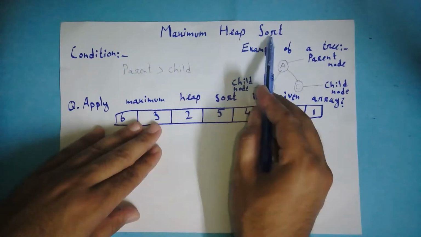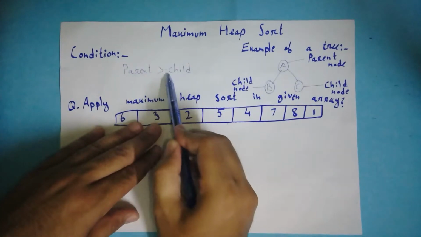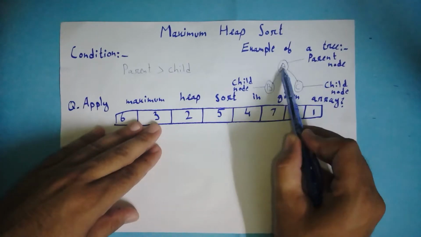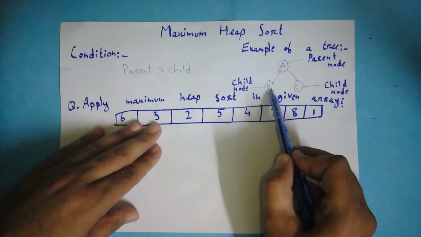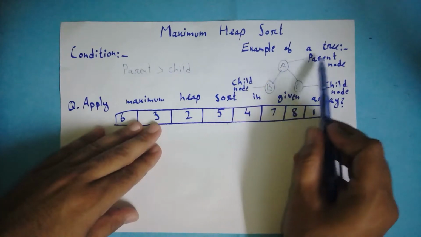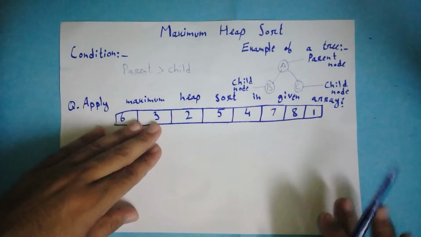So the value of the parent node should be greater than the values of B and C.